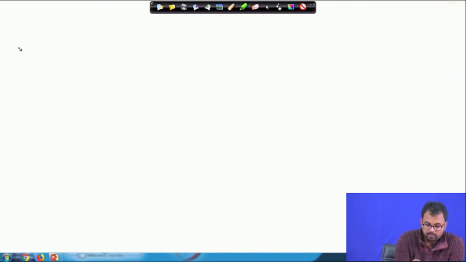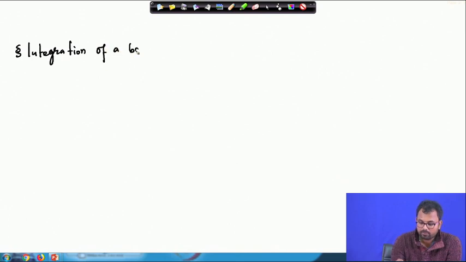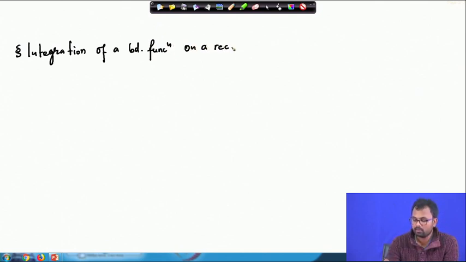So, integration of a bounded function on a rectangular, let's say parallelepiped.